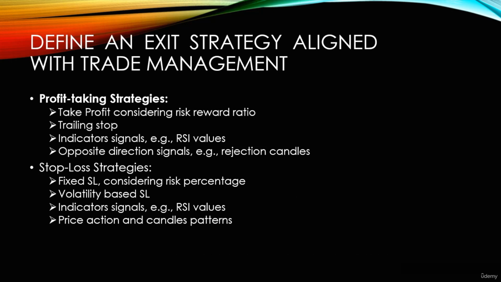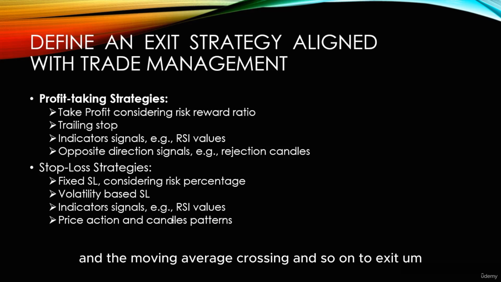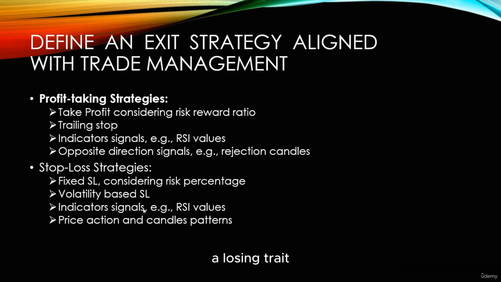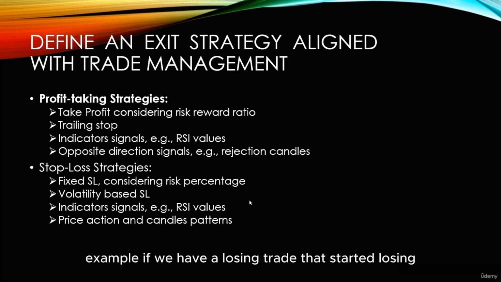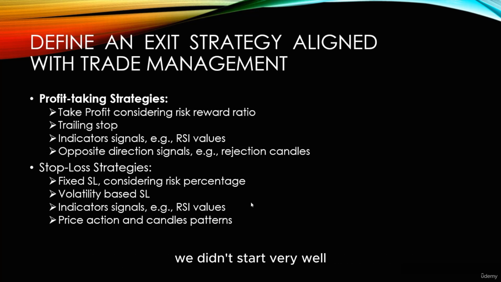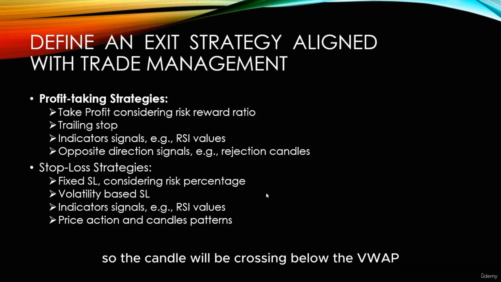the best possible way. We can also use technical indicators such as the RSI or the Bollinger Bands and the moving average crossing and so on to exit a losing trade. For example, if we have a losing trade that started losing, we didn't start very well, and we have a VWAP underneath, we are expecting the VWAP to be our support to save our trade, and the VWAP is crossed, so the candle will be crossing below the VWAP.